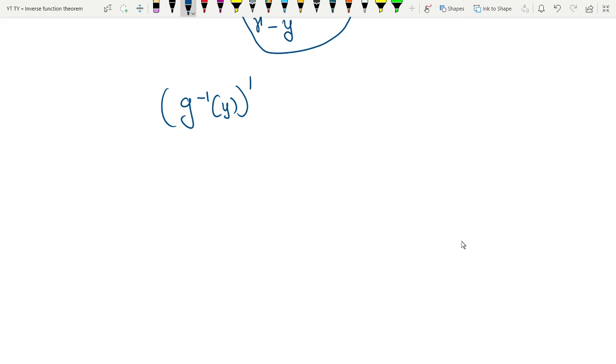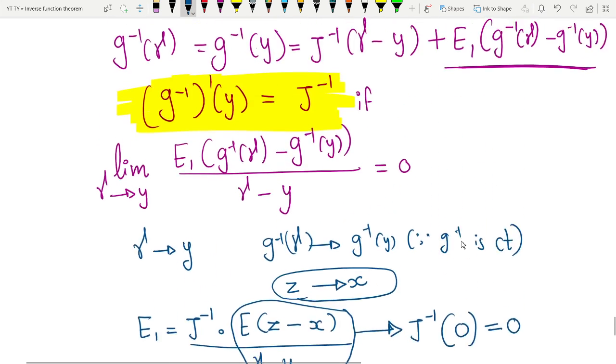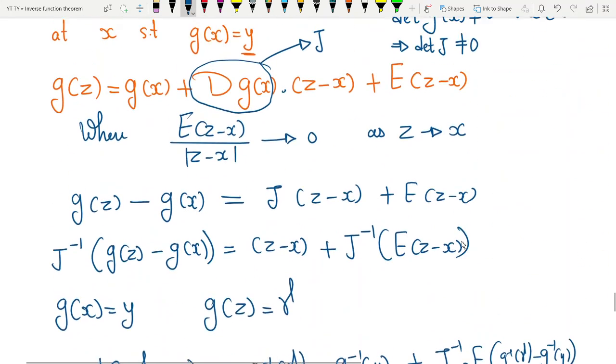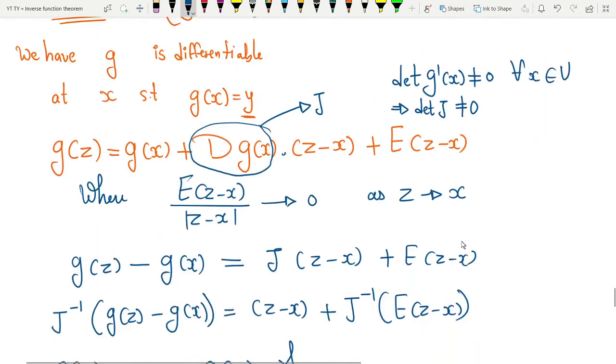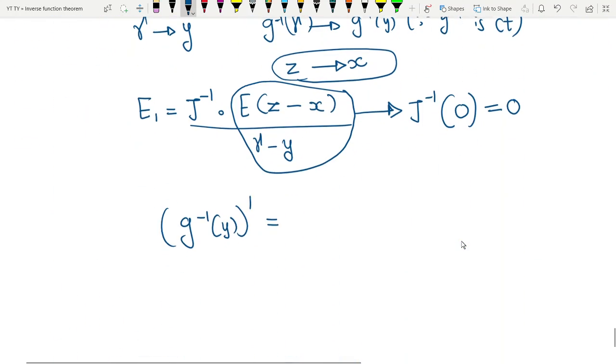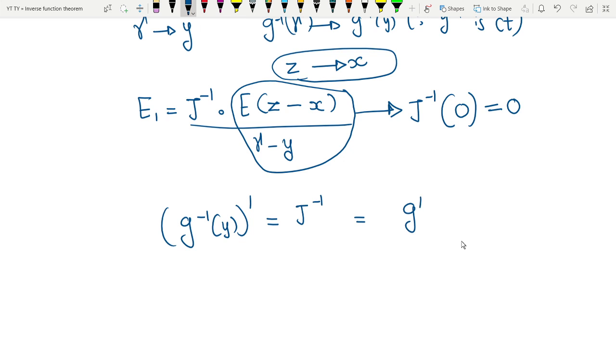derivative is actually nothing but what was required. That is nothing but what was required? It was the J inverse. What is J? Now what is this J? My J was the same as G dash at x, and taking inverse of it.